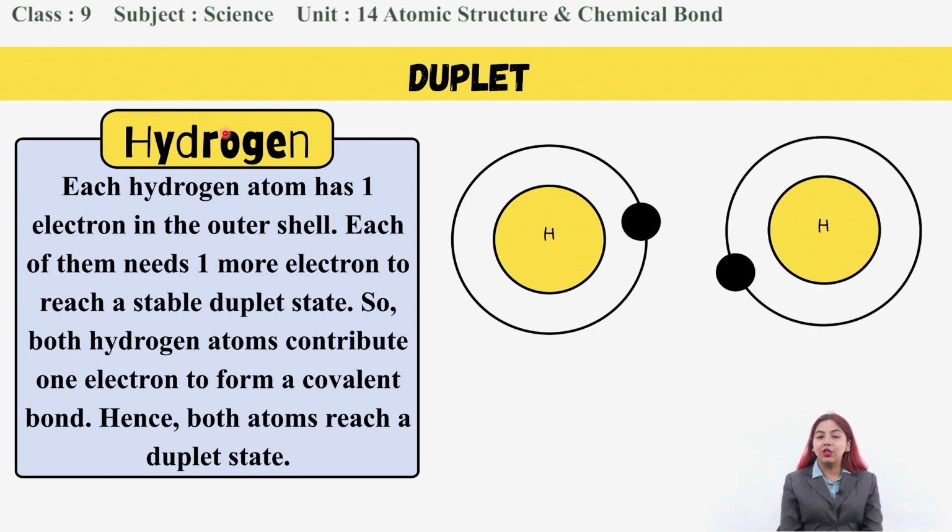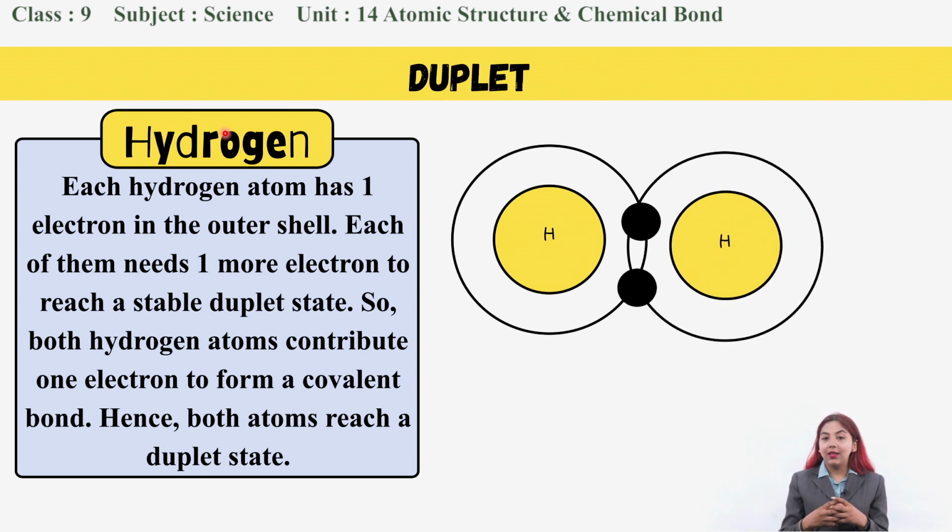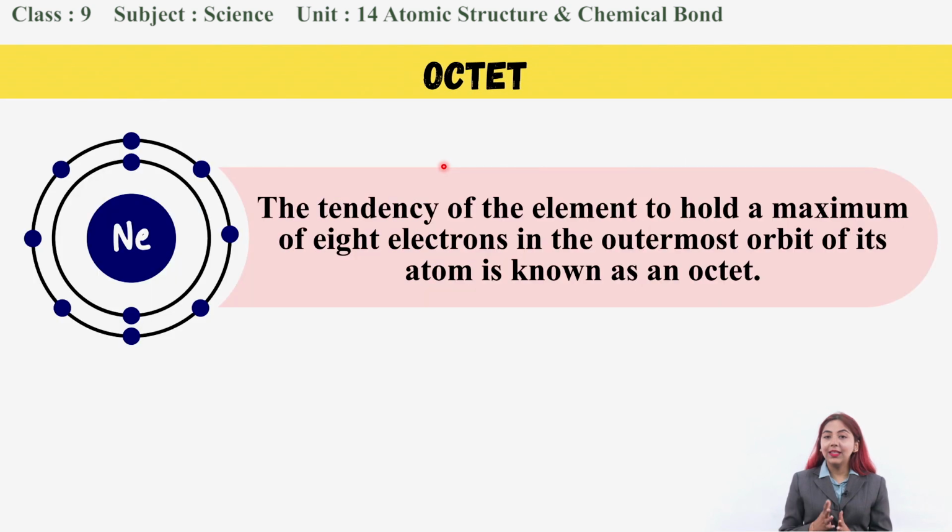So the two hydrogen atoms share their outermost electron with each other. After sharing this electron, they both possess 2 electrons in their outermost orbit, and hence they reach a stable duplet state.